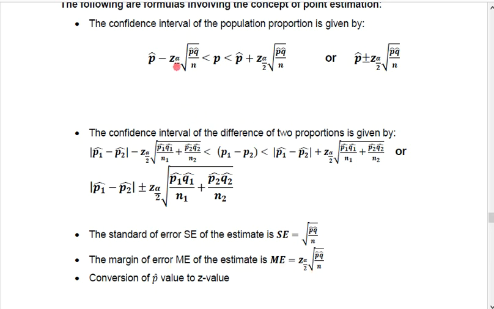Itong part na yan plus the standard error, kasama yan sa formula ng margin of error. So, that would be Z sub A over 2 multiplied by the square root of P hat times Q hat over N. So, ito yung z-score plus yung standard error, yung replacement ng standard deviation.